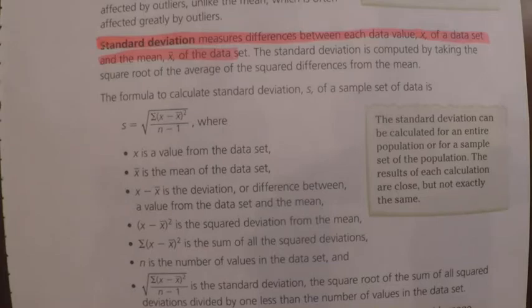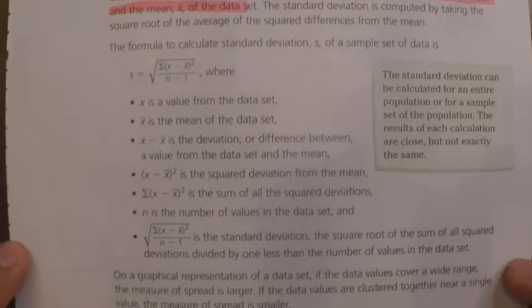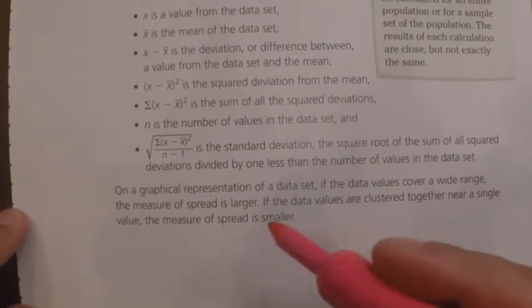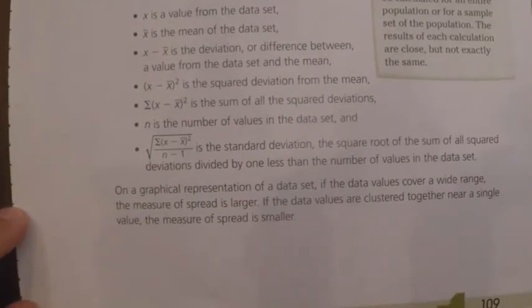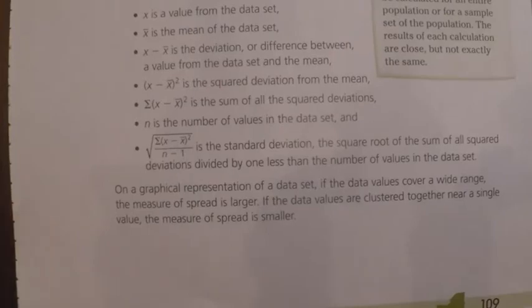The thing that is really important about standard deviation is at the very bottom for this lesson. It says, on a graphical representation of a data set, if the data values cover a wide range, the measure of spread is larger, and if the data values are clustered together near a single value, the measure of spread is smaller.